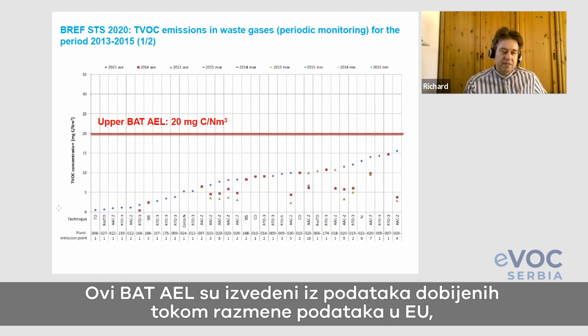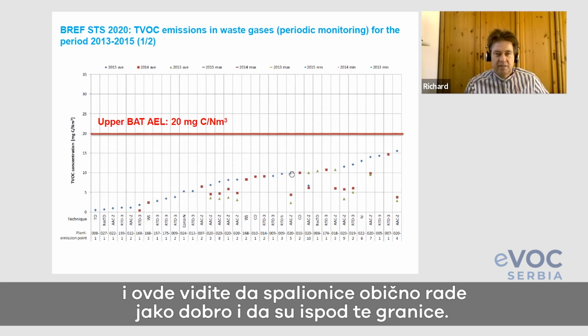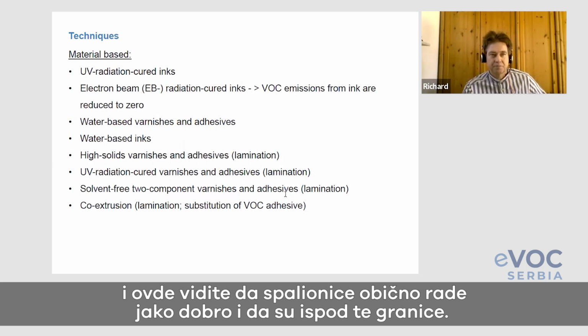The BAT-AELs were derived from data submitted in the EU information exchange, and you see here the normal thermal oxidizers are working very well. So in most cases they are below 20 milligram.